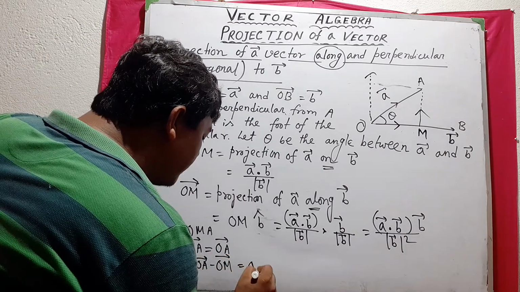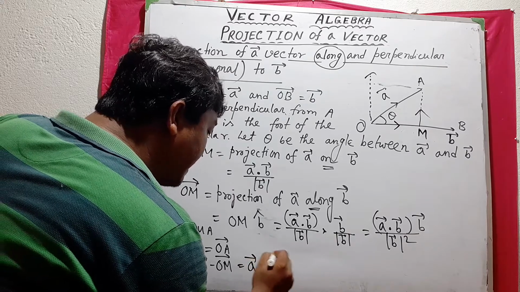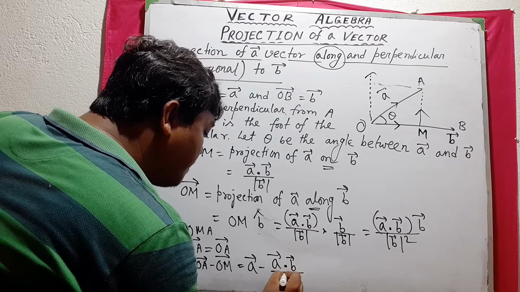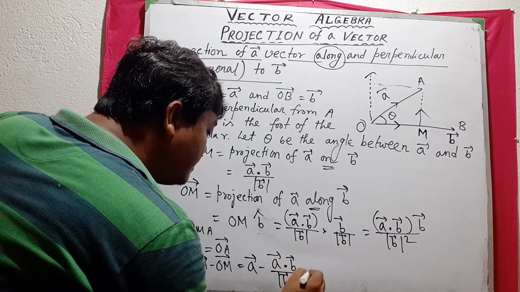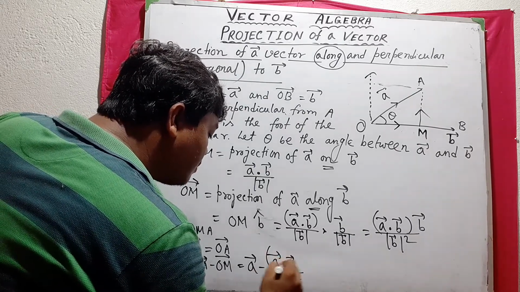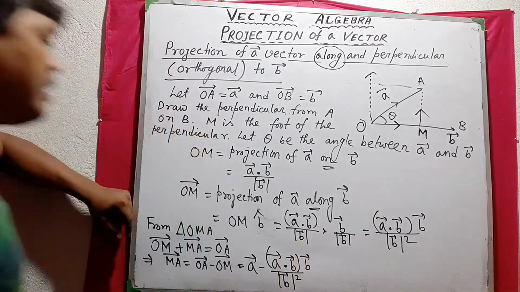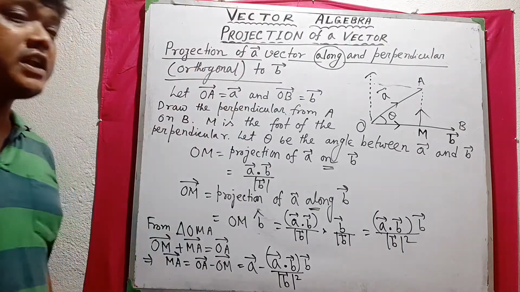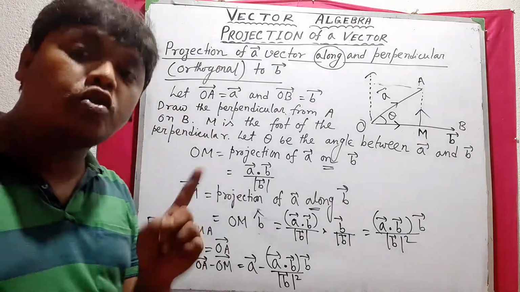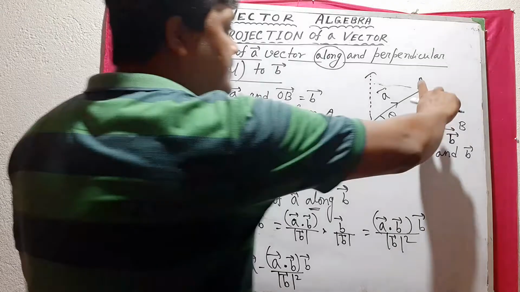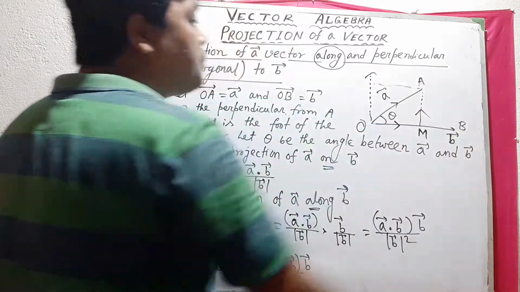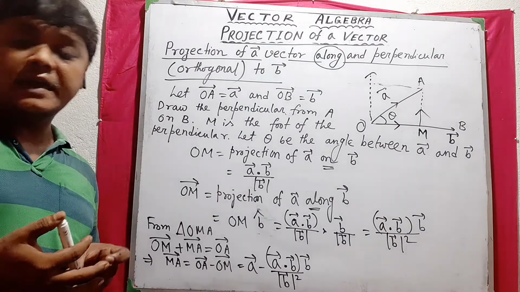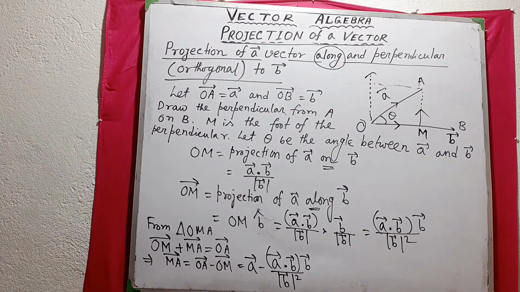That is A vector minus A dot B by mod B square into B vector, we have already calculated. Okay, so the projection of A orthogonal to B, that is MA. This is orthogonal to B vector.